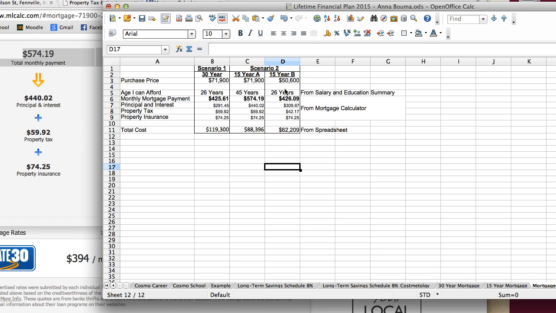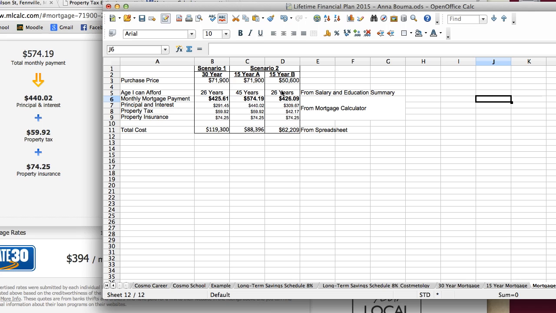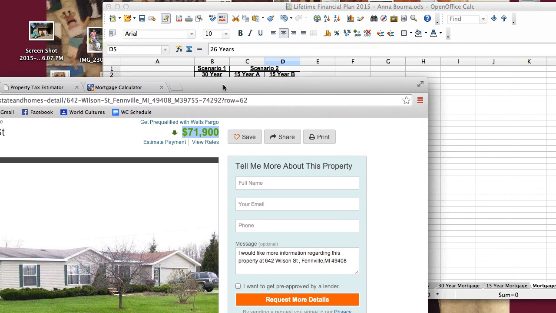Perfect. So for 15-year B, what we're going to do is keep this at 15 years, but we're going to have to find a house that we can afford at age 26 and only be using a 15-year mortgage. So with all that work that I did, we're going to have to go back and find a home here for a little bit less.